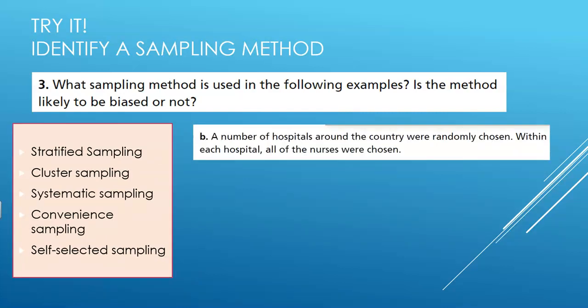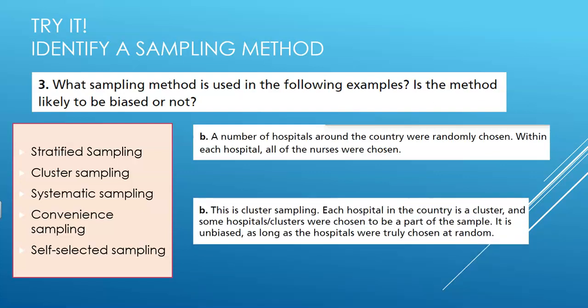Let's look at this one. A number of hospitals around the country were randomly chosen. Within each hospital, all the nurses were chosen. And for whatever reason, we're going to collect data on that. So what happened here? This is called cluster sampling. Each hospital in the country is a cluster, and some hospital clusters were chosen to be part of the sample.